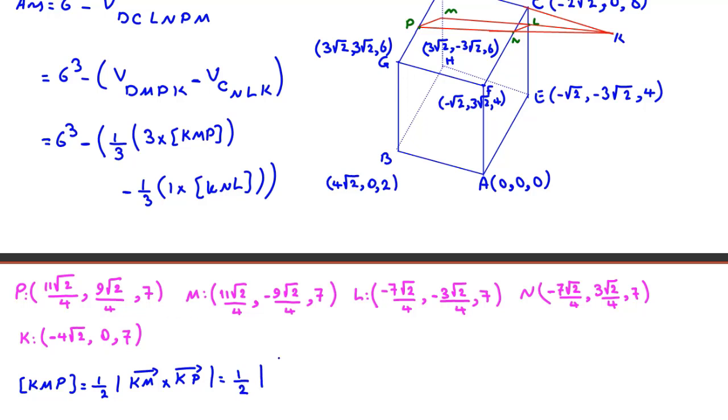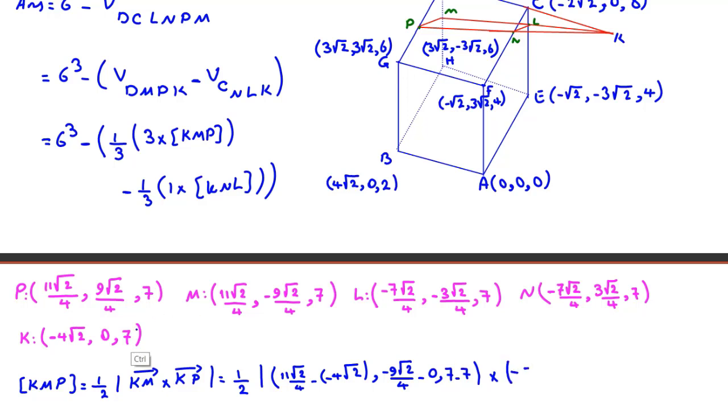K minus M, so it will be M minus K. 11 root 2 over 4 minus 4 root 2, and negative 9 root 2 over 4 minus 0, 7 minus 7, 0. Times cross product KP.